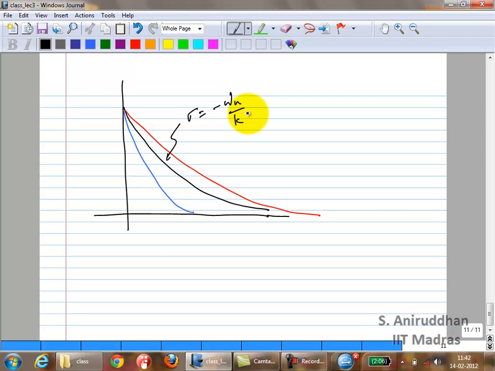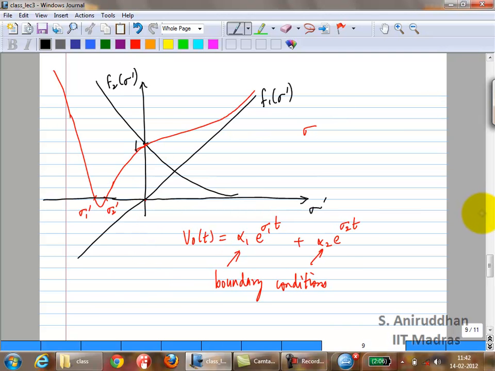No, let's go back. You solve this for sigma 1 and sigma 2. What do you expect? What is sigma prime corresponding to the case with no delay? Sigma is omega u over k, and we normalize it with omega u over k, so sigma is minus 1.